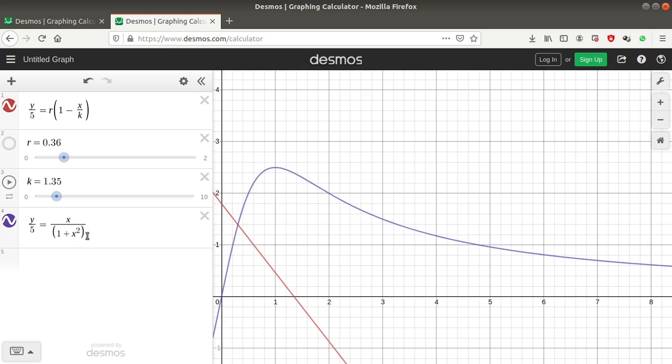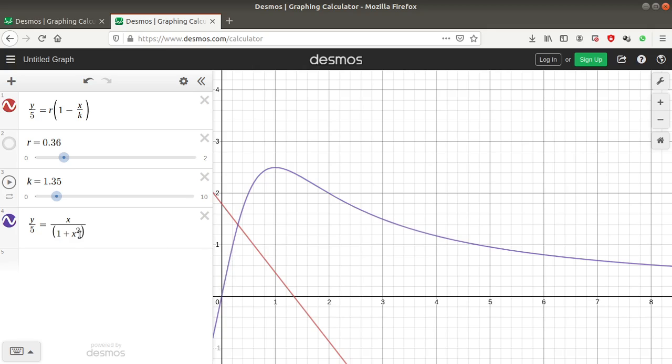If we see this term for very small values of x, the denominator is going to act like just 1, because x squared is going to get ignored. So at that time I can approximate this function as just x, okay? Therefore it's showing the behavior like this, okay?